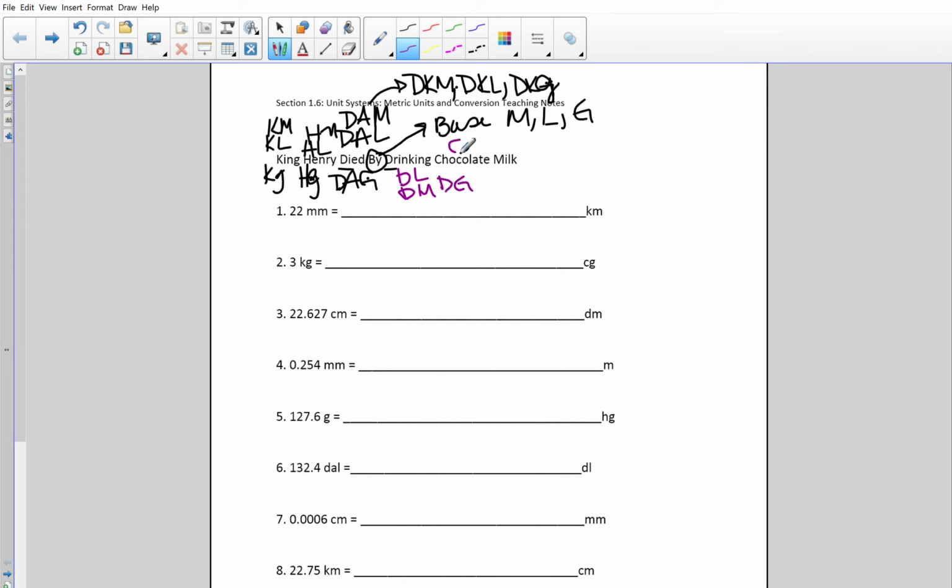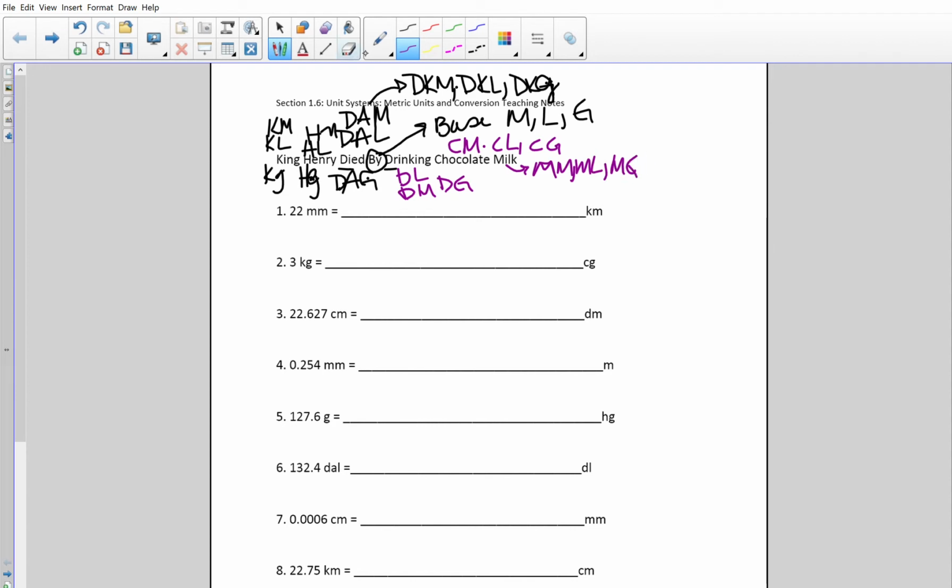C, we have centimeters, centiliters, and centigrams. And then finally you have your milli, which is millimeters, so 2 M's, milliliters, and milligrams. Okay, so that's kind of where we go with that.